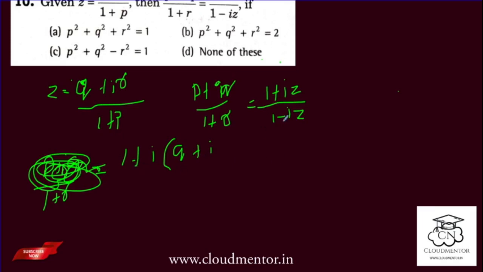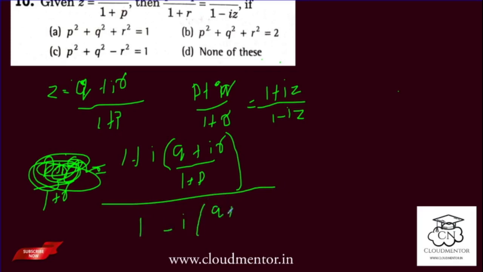So 1 plus i of q plus ir divided by 1 plus p, that is the z, and in the denominator, that is 1 minus i of same q plus ir divided by 1 plus p, that's it.